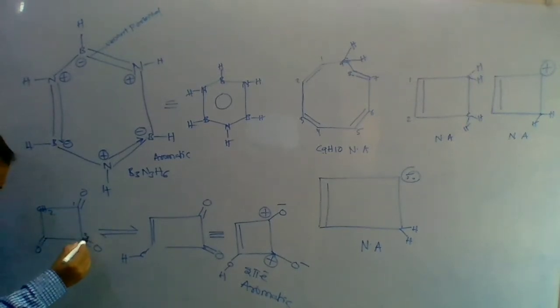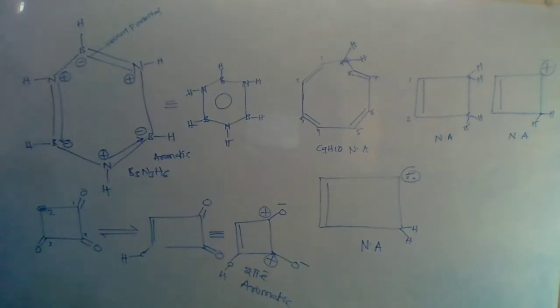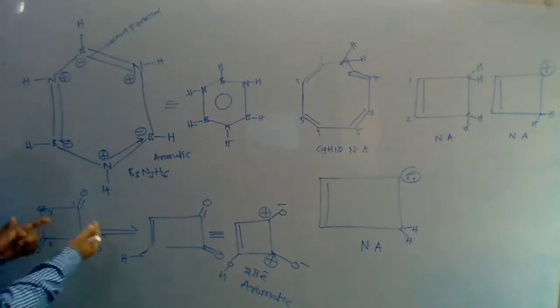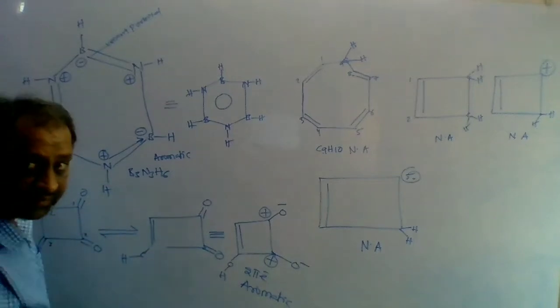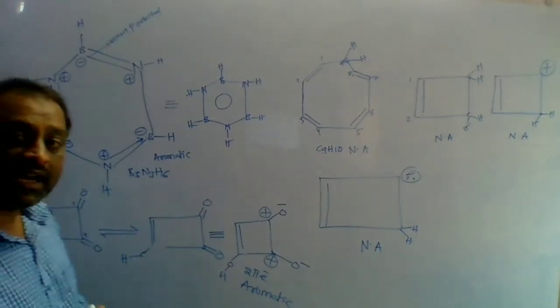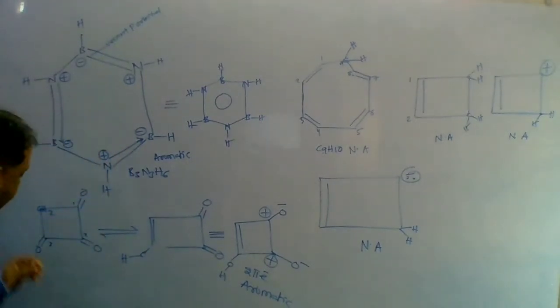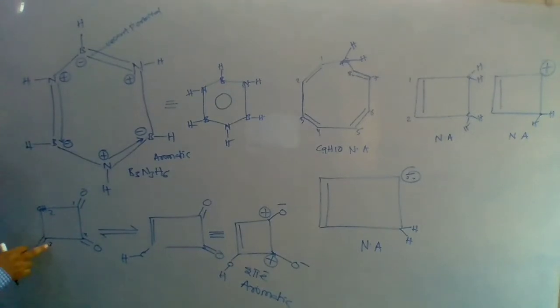Cyclobute 1, 2, 3 trione. It shows tautomerism. I mean, one proton or one H plus ion is shifted from the first atom to the third atom. Here the alpha carbon has 2 hydrogen atoms, so tautomerism is possible.